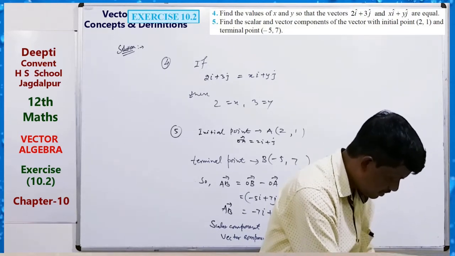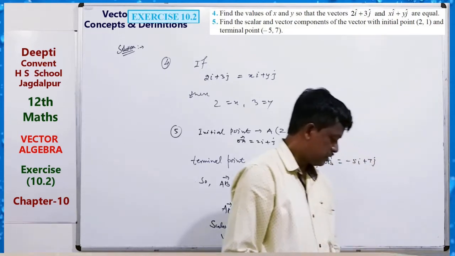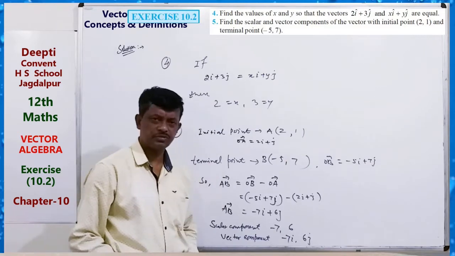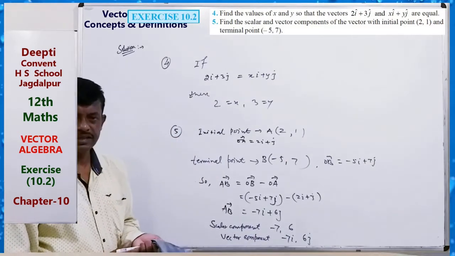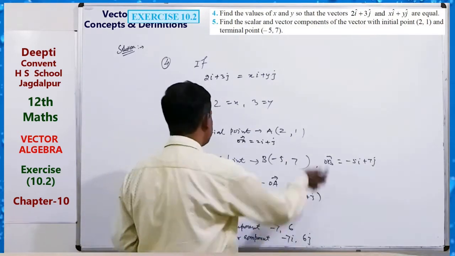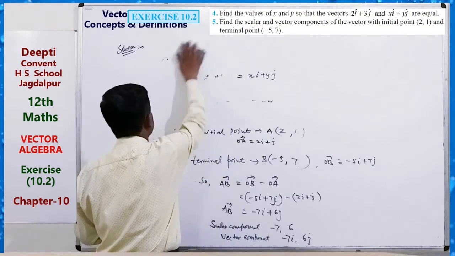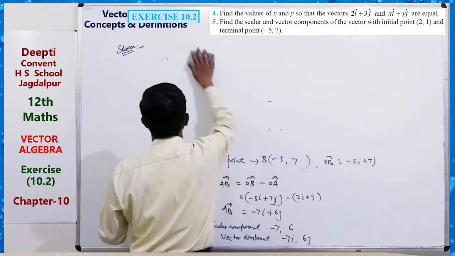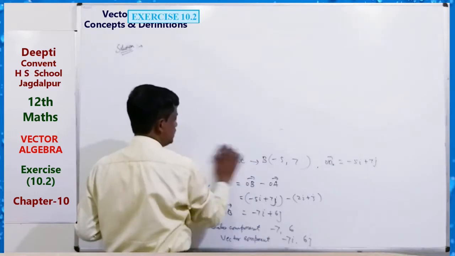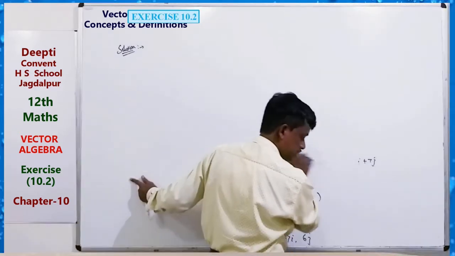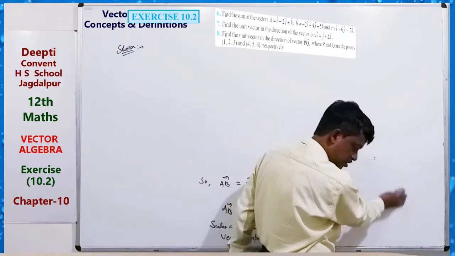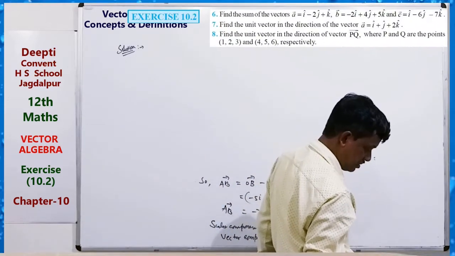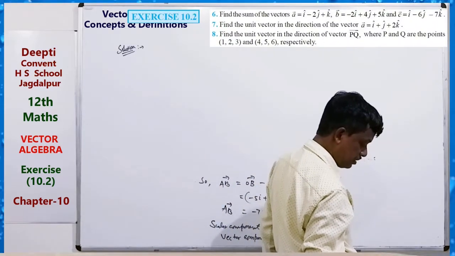Question by question we can solve. Just remember the definitions and concepts which are used for solving questions. Next is question 6: the sum of vectors is given, find the unit vector in the direction of it.